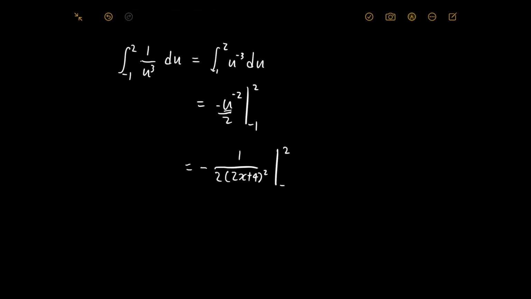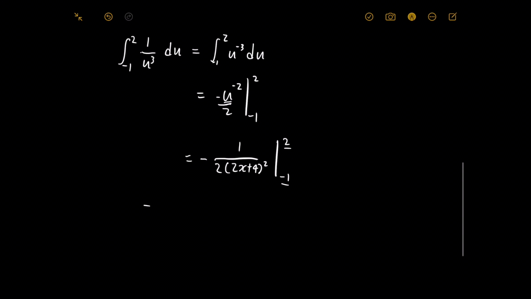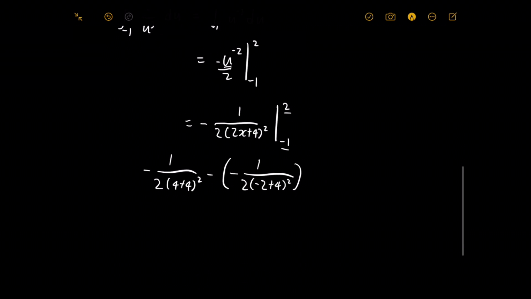So the next step is to plug these numbers into this function. Let's do this. Negative 1 over 2 times (4 plus 4) squared, minus negative 1 over 2 times (negative 2 plus 4) squared. Negative 2 because we're multiplying with the negative 1, squared.